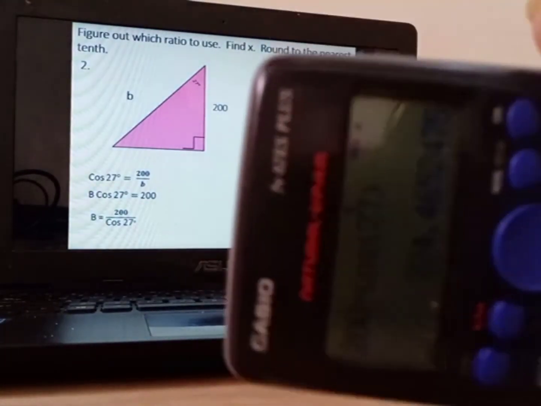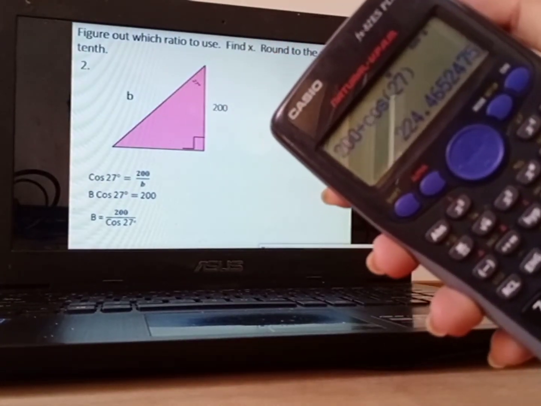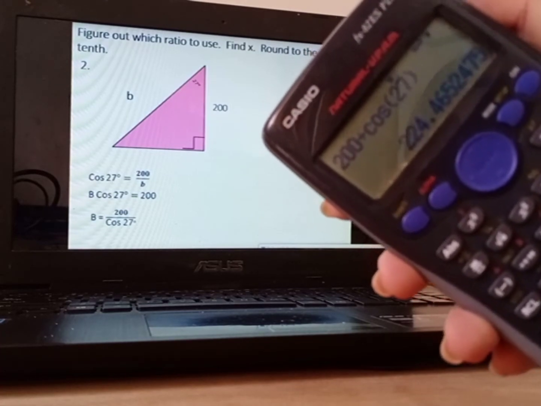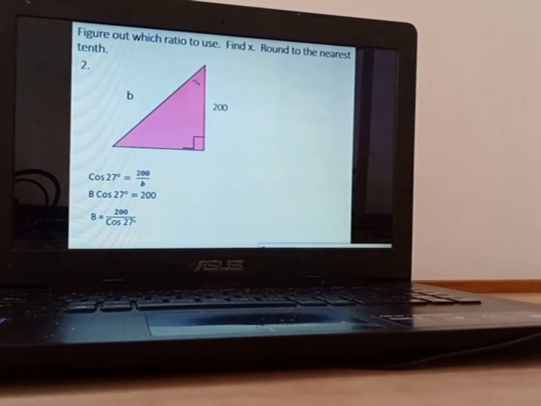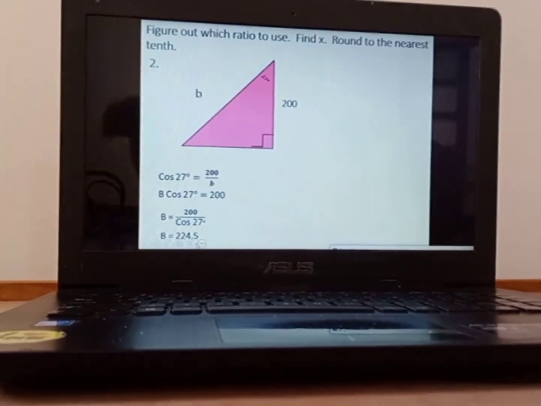Therefore, our answer is 224.4652475. But according to our problem, round to the nearest tens. So therefore, our answer is b is equal to 224.5.